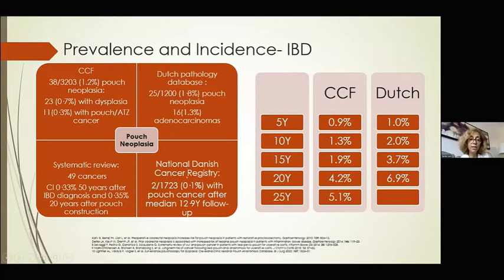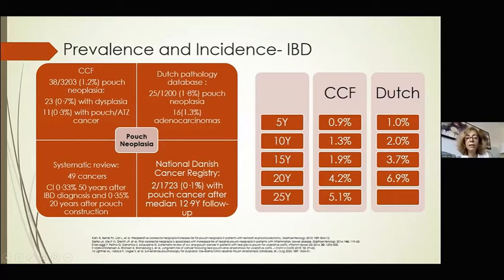The National Danish Cancer Registry has shown a much lower rate of pouch cancer. A systematic review of 49 cancers has shown rates similar to the CCF cohort, of 0.35% cancer over 20 years.